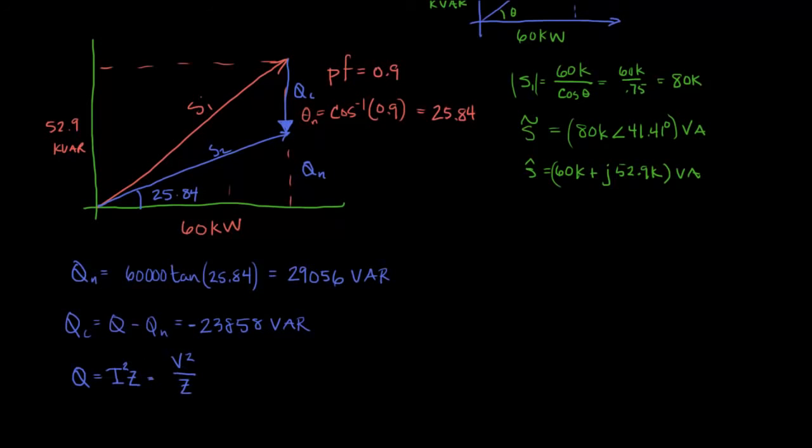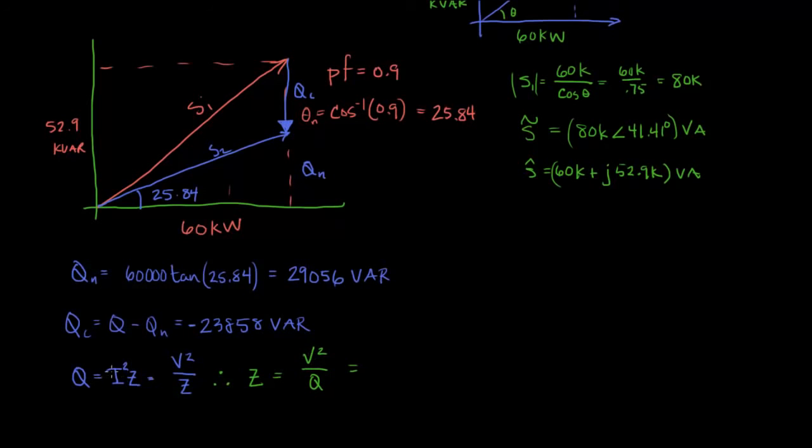So that tells us then that Z equals V squared over Q. So that is, by the way, let's make sure we've got this completely explained here.